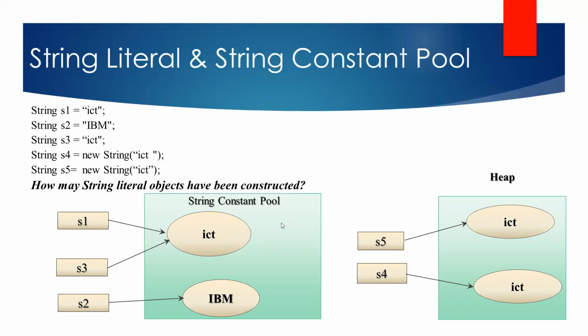And if we create with the help of new, then it will be inside the heap memory area. In the string constant pool, duplicate objects are not allowed. In the heap memory area, duplicate objects are allowed, so you can create more than one object of the same type in the heap. Move to the next slide.